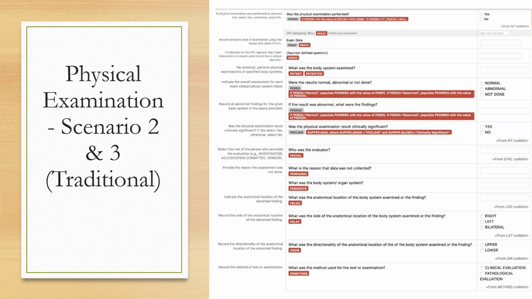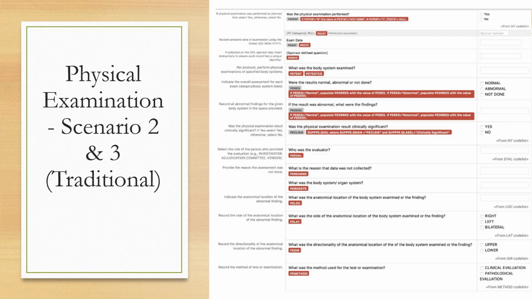If the response is no, it will be NOT DONE, otherwise we will have PESTAT as null and capture the rest of the information. But if this same question is asked in scenario 1, then this information will go to your PR domain, that is, the procedure domain, and not in your PE domain.